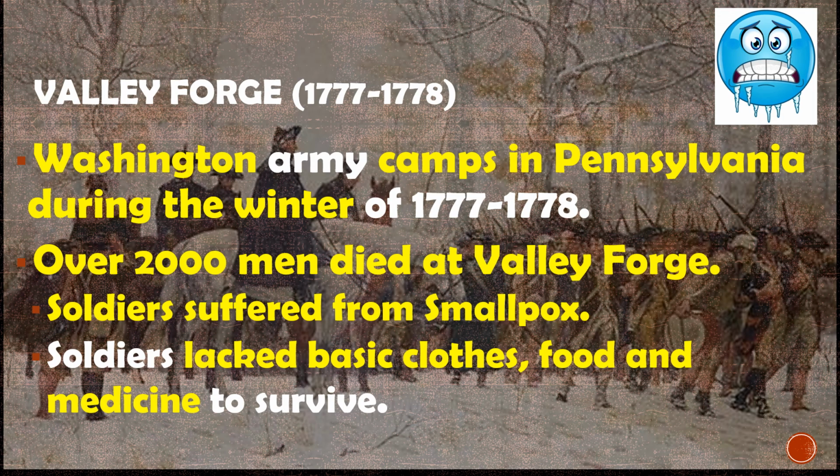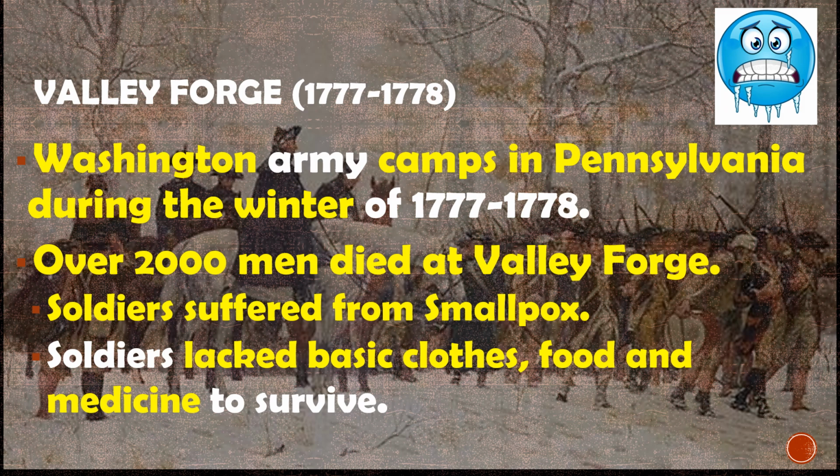The problem is Valley Forge is like hell. Over 2,000 men die at Valley Forge due to the conditions, near freezing temperatures. A lot of the soldiers lack basic clothes, food, even medicine to survive.